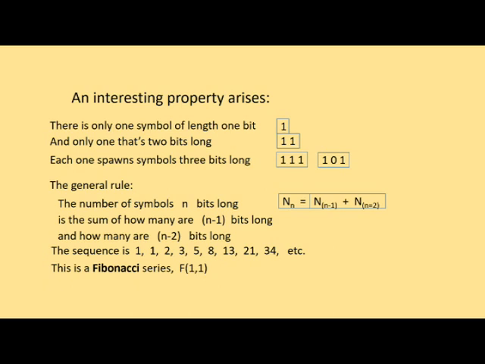This is an interesting sequence. The sequence is 1, 1, 2, 3, 5, 8, 13, 21, 34, and on. This is known in mathematics as a Fibonacci series, F11.